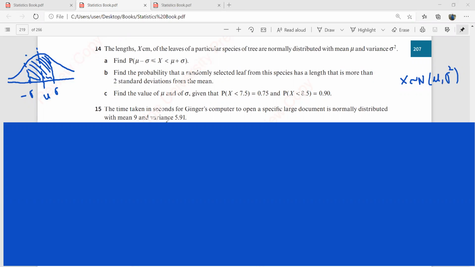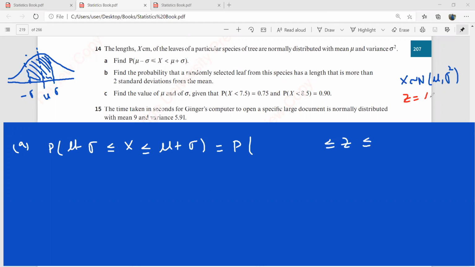So we have to find the probability that x is between mu minus sigma and mu plus sigma. This is within one standard deviation from the mean. When you standardize this, the formula I'll be using is z equals x minus mu over the standard deviation.